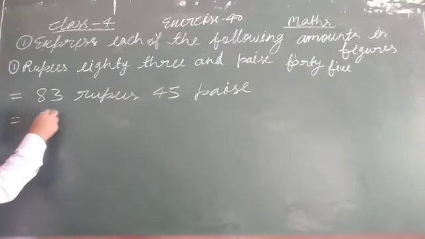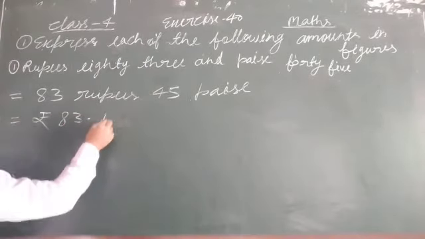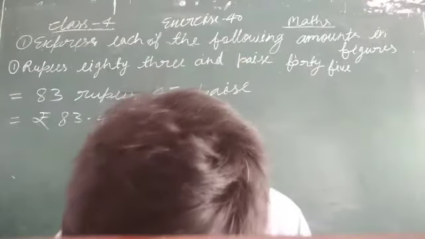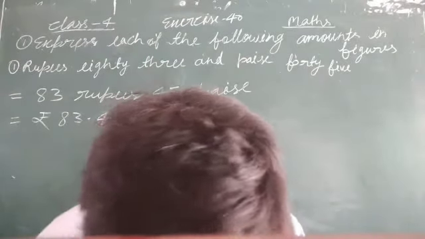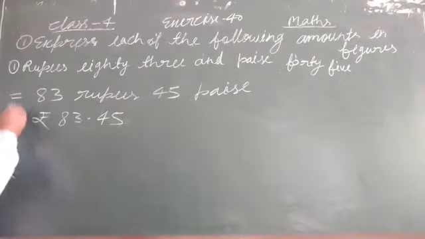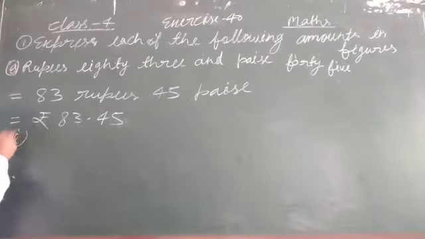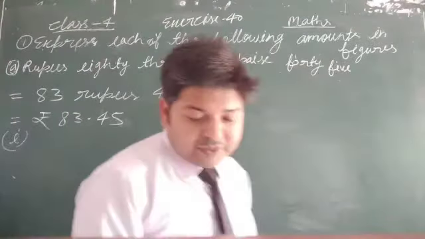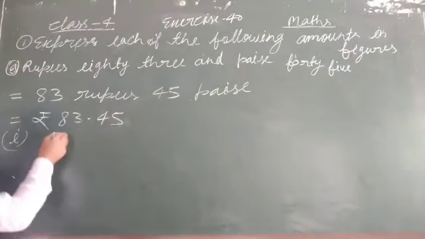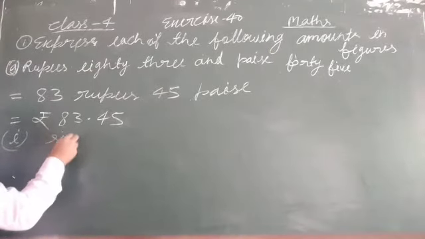Rupees 83.45. So like this you have to write. Okay. One more question I am going to tell. This was A and now I. What is I? 6 paise.